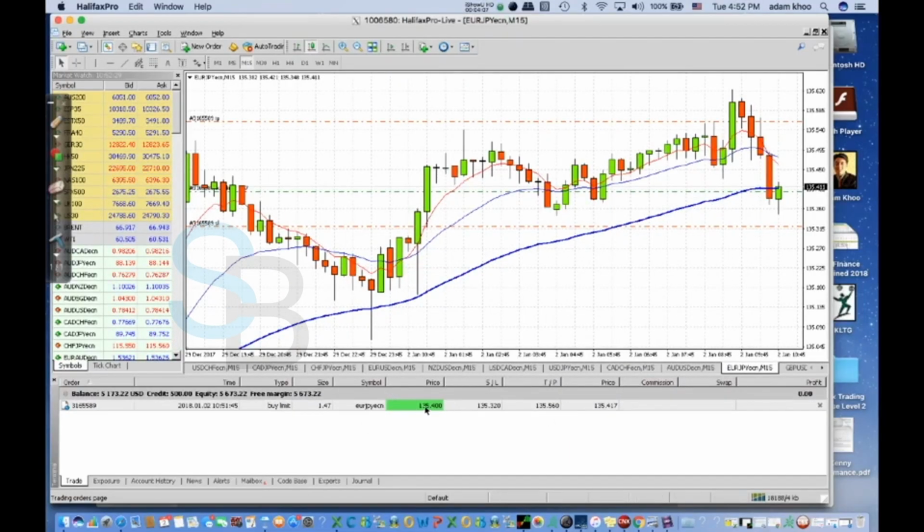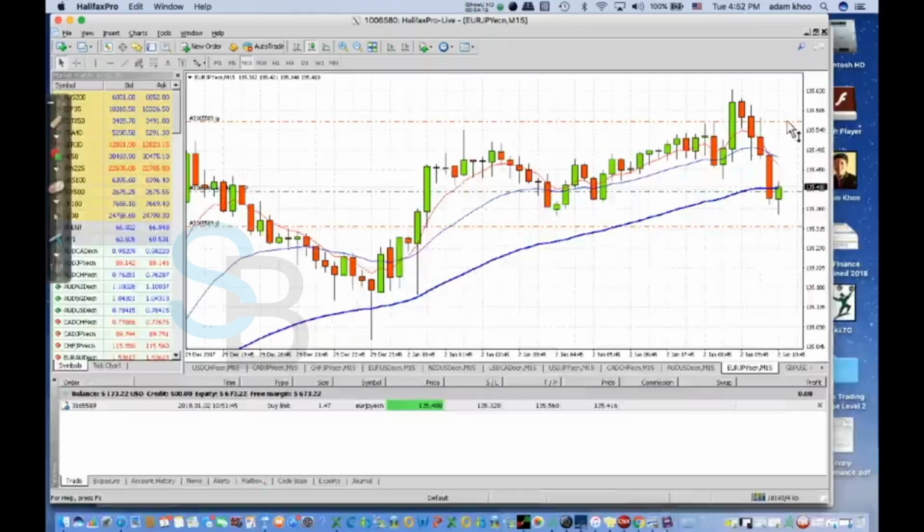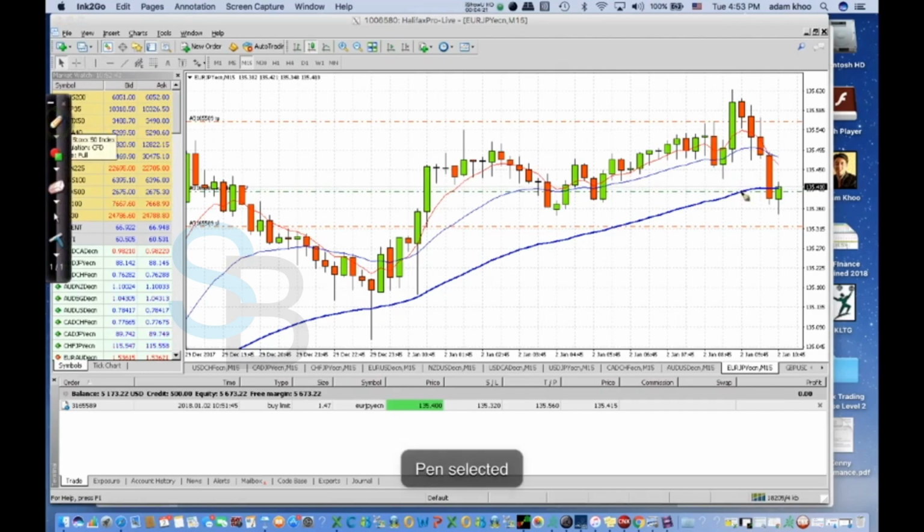Our stop loss is at 135.32, which is over here. This is our stop loss, our entry, and our profit target. Notice that we are risking 1R to make 2R.